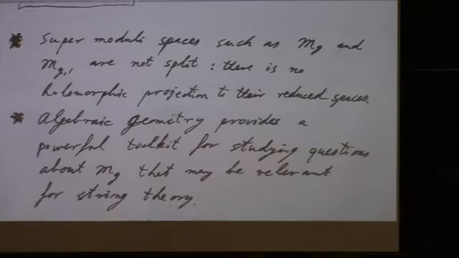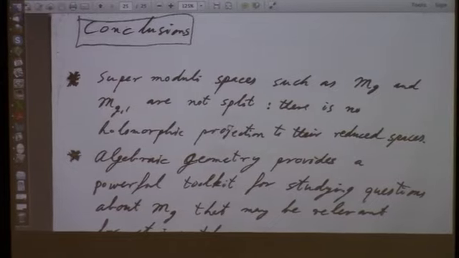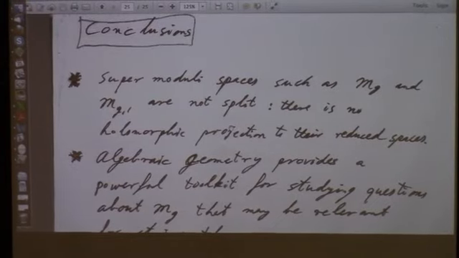So what I really wanted to say was that supermoduli spaces such as the script MG and MG1 and so on are new objects. They cannot really be described by traditional algebraic geometry techniques, although the flavor of what you do with them is very algebraic geometric.